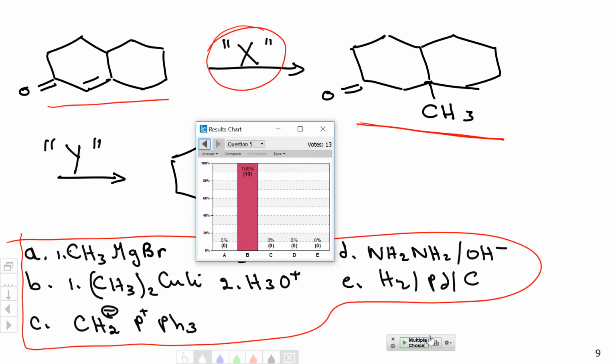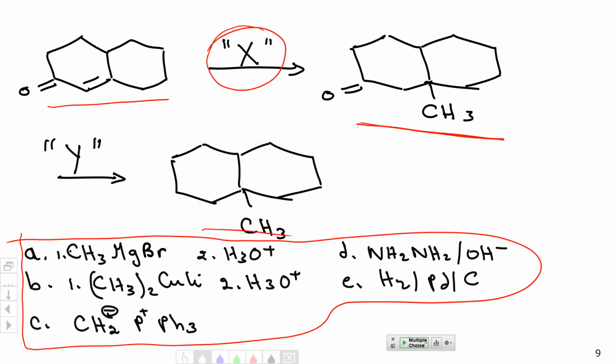I have B, the most popular answer, and yes, B is the right answer. So looking at the starting material, the first thing we need to identify, it's an alpha beta unsaturated ketone. It's cyclic, it's actually bicyclic too, connected to each other, but that wouldn't change the story that it is an alpha beta unsaturated ketone. Always look at the difference between the starting material and the product.